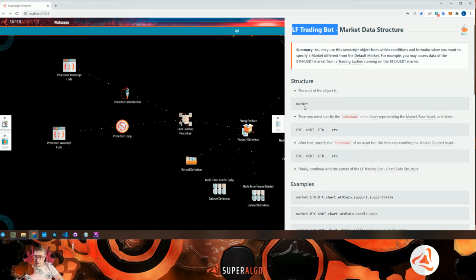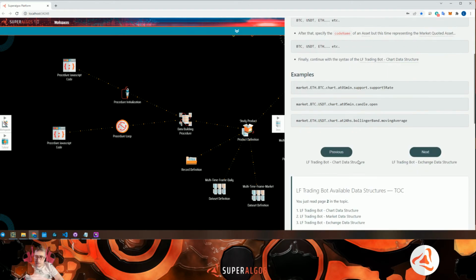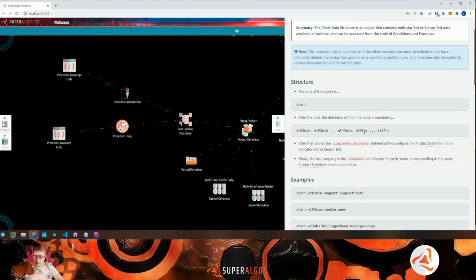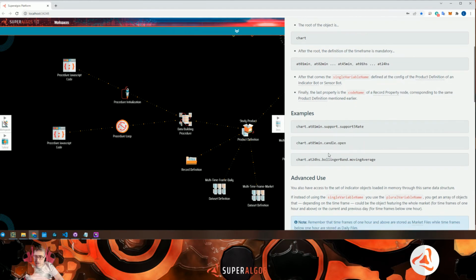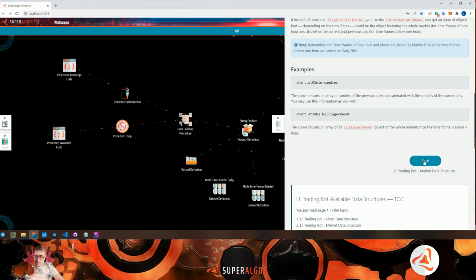But these are good examples, and here is the way you use market. The root object is market, then the syntax is like this. So chart, as you already know, is explained here, and examples are like this. You are more familiar with this.